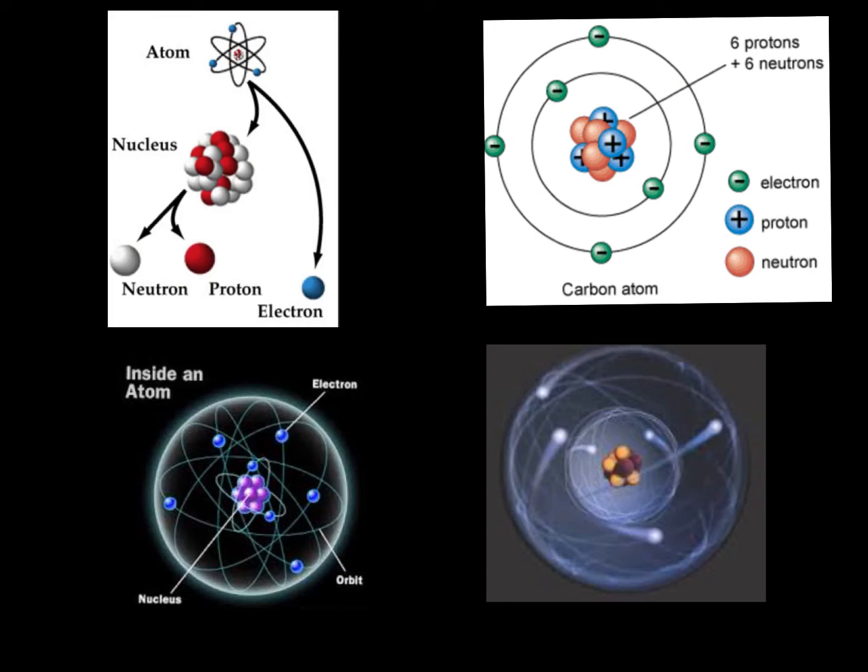Now, another thing is the fact that these electrons are in motion is the only reason why the atom can exist as it does. 99% of the volume of an atom comes from the electrons. We have a teeny, teeny, tiny nucleus. If we had a football field as our atom, our nucleus would be a P at the 50-yard line. The rest of that would be the volume of the electrons.